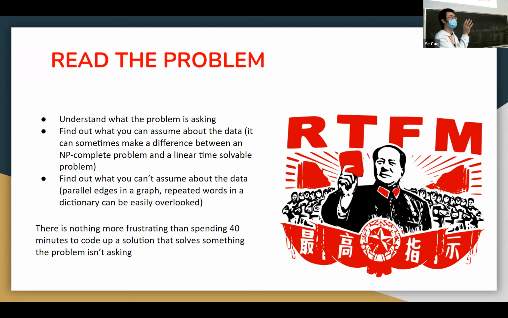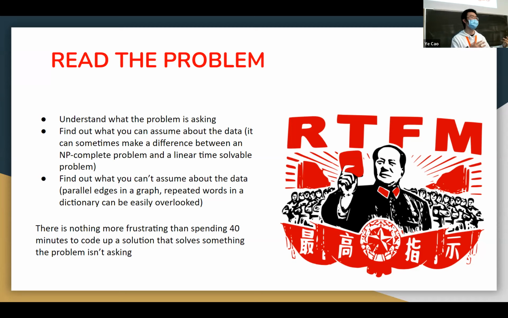So read about what you cannot assume about input data. Are parallel edges allowed? Are self-loops allowed? That's for a graph. If you have a string problem, is it possible that there are repeated words in a dictionary? These are things that might be very easily overlooked when you're coding the algorithm.